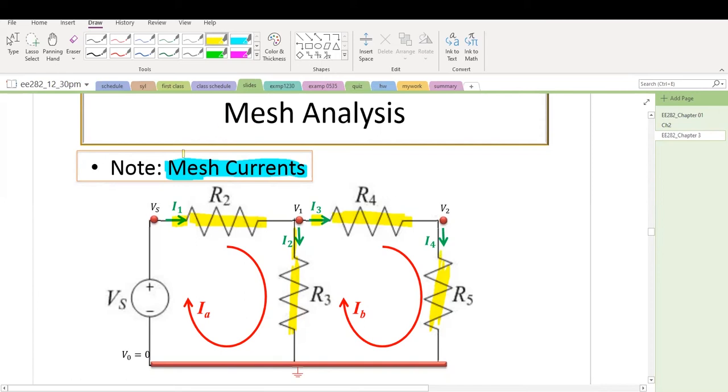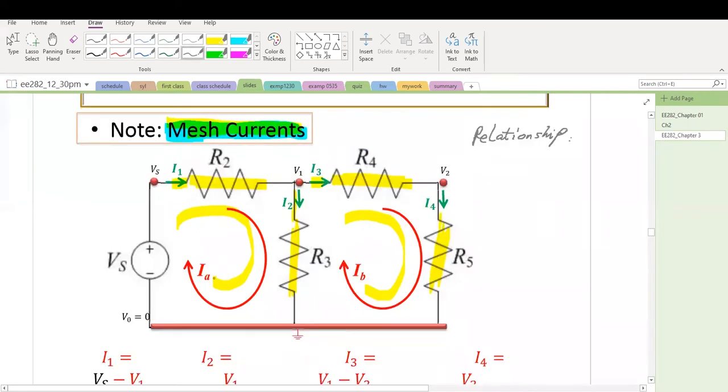Then what is mesh current? Mesh current is the current flowing through this mesh, and this is the current flowing through this other mesh. Normally we use this direction, which is clockwise. So for the notation of mesh current, the current in this mesh is IA, and the current in this mesh is IB.